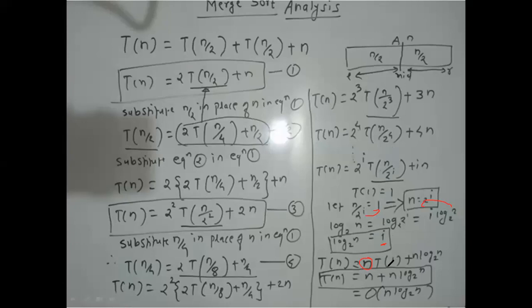Then we get the value here, T of 1 plus substitute the value here, n log n. By solving this, we get the complexity is big O of n log n. So this is the complexity of merge sort. In this way, you have to calculate the merge sort by using the recurrence relation.